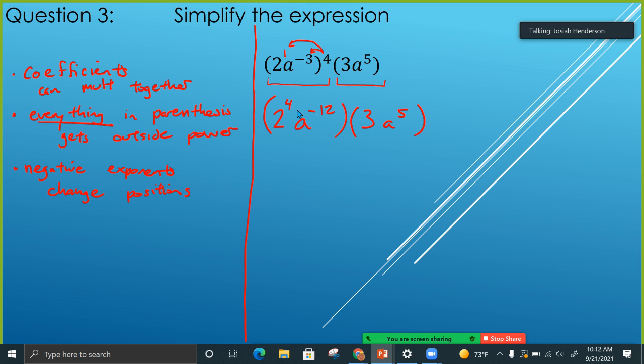I love that. Now we've got 2 different expressions being multiplied together. We've got 2 to the fourth power, and that can intermingle with the 3 because they're both whole numbers. So pretend for a second, folks, that there's no a's. Pretend this was just the 2 to the fourth and the 3. Well, we would multiply those together. They're not the same base, so we're not going to make it 2 to the fifth or 3 to the fifth, but we can figure out 2 to the fourth.